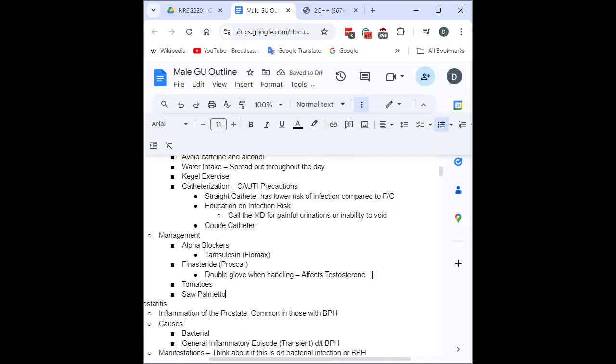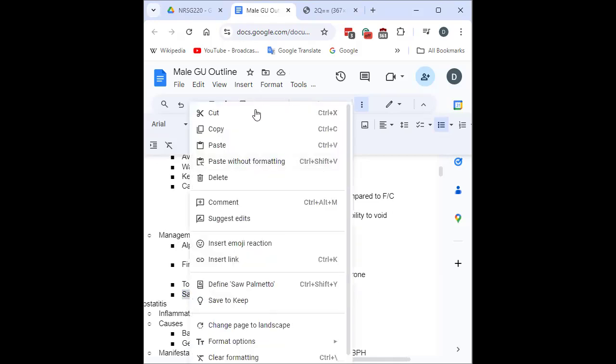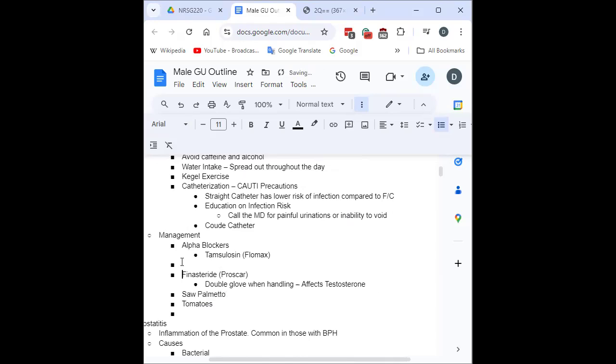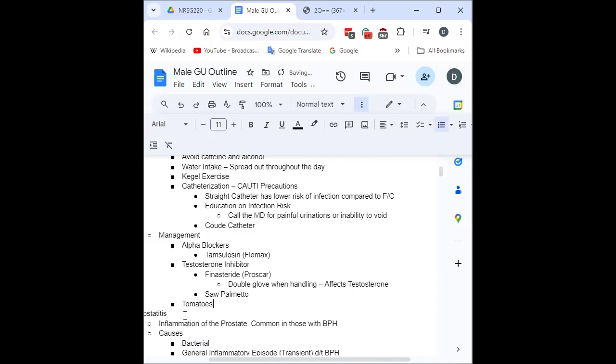All of these have to do with testosterone. Tomatoes have their own specific pathway, but your finasteride and your saw palmetto are going to inhibit testosterone. I don't think you need to know it that far, but it's just something you might. Tomatoes are good for you.